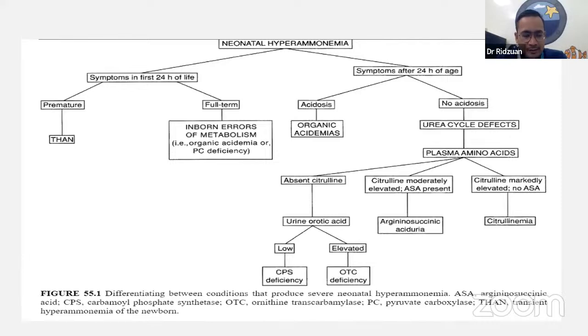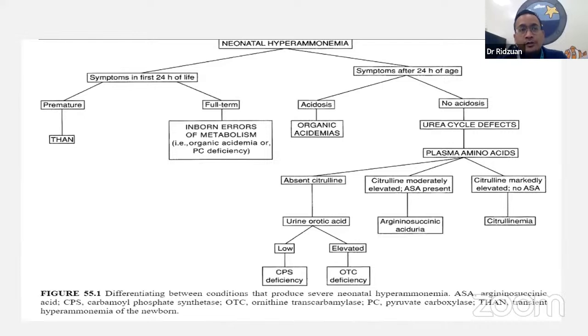With organic acidemia, infants typically exhibit a metabolic acidosis and ketonuria, and metabolic acidosis is not a feature in urea cycle defects, unless there is shock as a complicating feature. The plasma amino acid analysis is helpful in the differentiation of the specific defects in this group. The characteristic amino acid abnormalities provide a definitive diagnosis of citrullinemia and argininosuccinic aciduria.